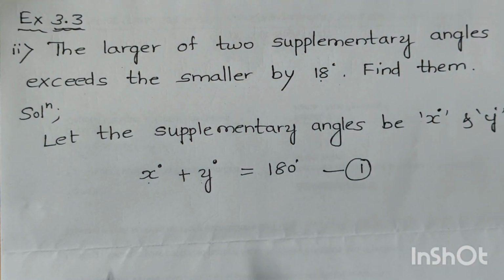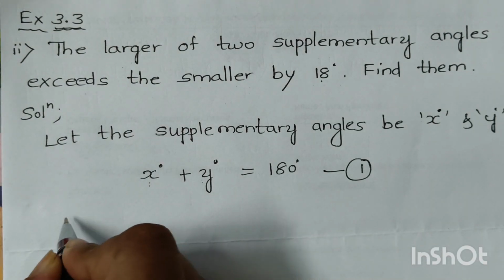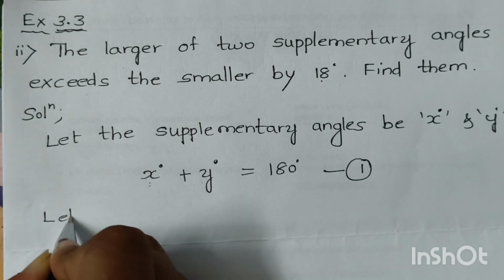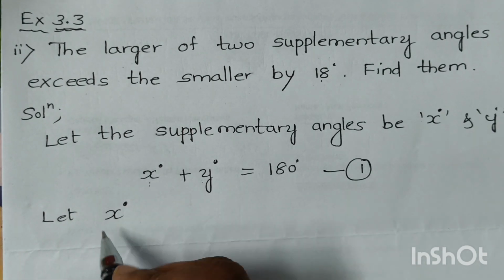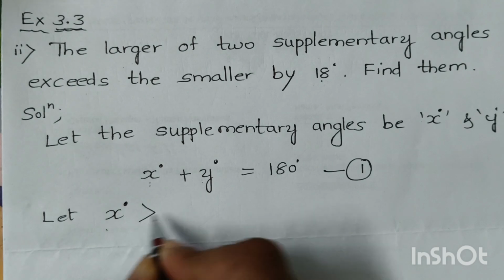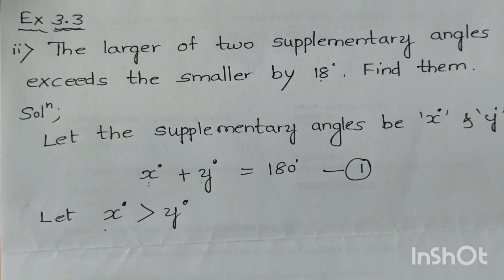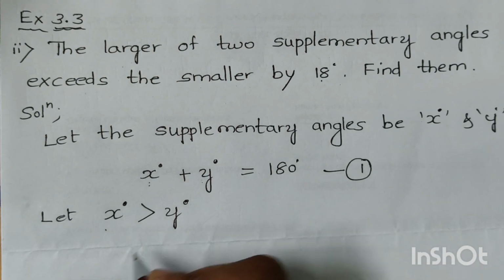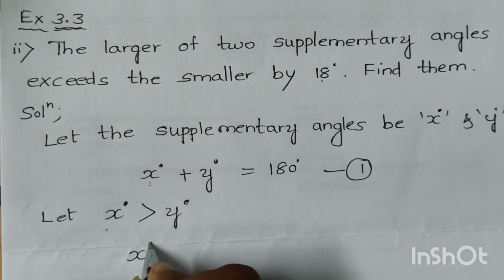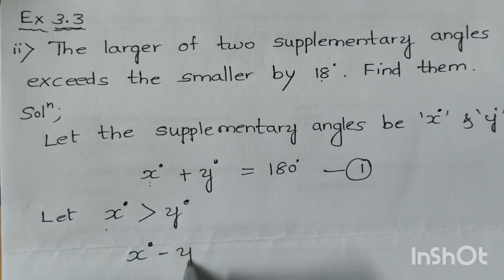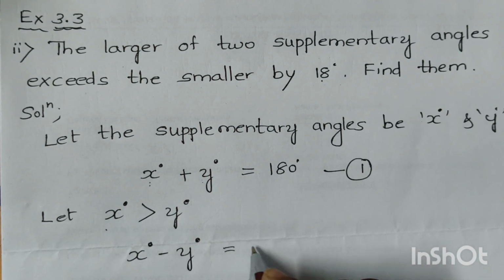Now, let us consider x as the greater or larger angle. Let angle x be more than y. Then how much more? 18 degrees more. More means, from x degrees, if I subtract y degrees, we get 18 degrees.